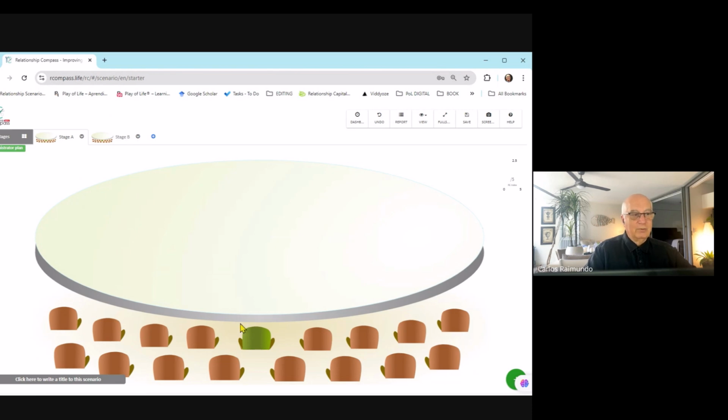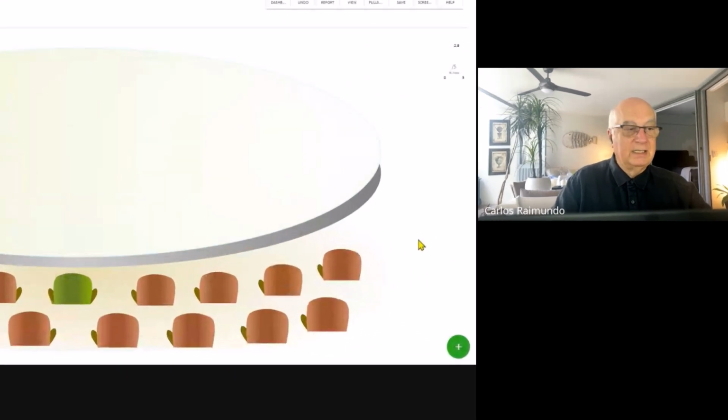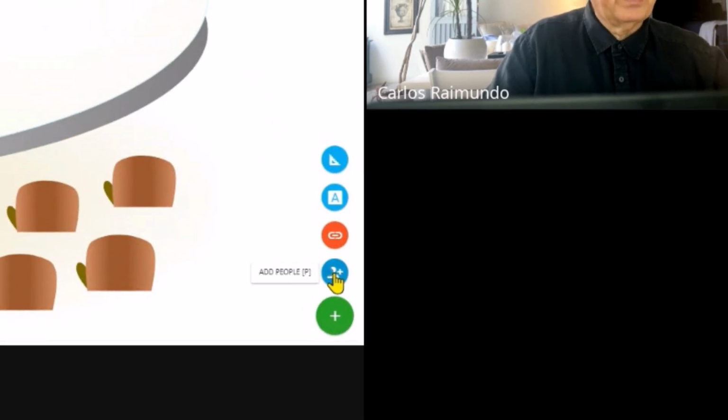So the way that works is we have a green button at the bottom that is to start adding the people. The first thing we do is we add the people. We press the green button and then the button above that is add people.